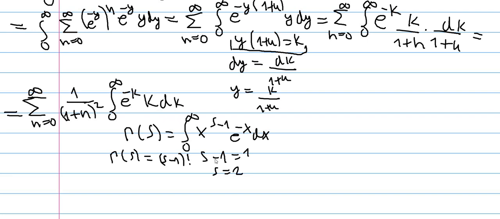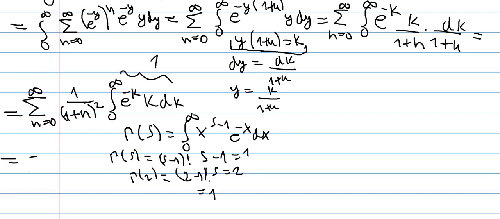So in our case, s is just 2, so this integral will be gamma of 2, which is just 2 minus 1 factorial, which is just 1.